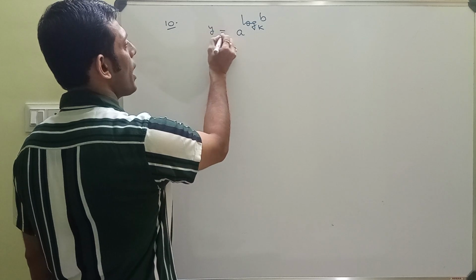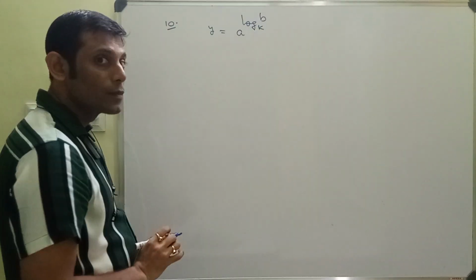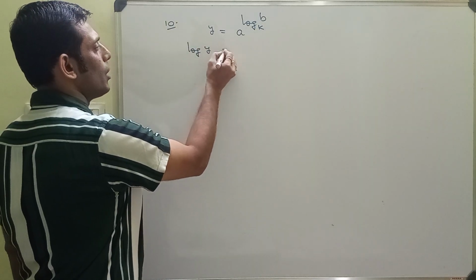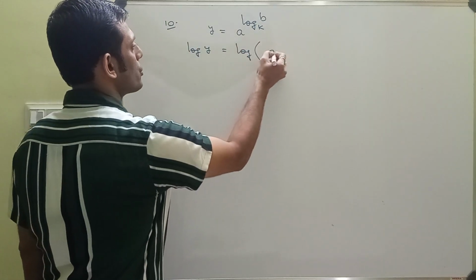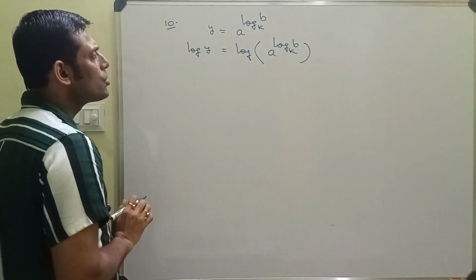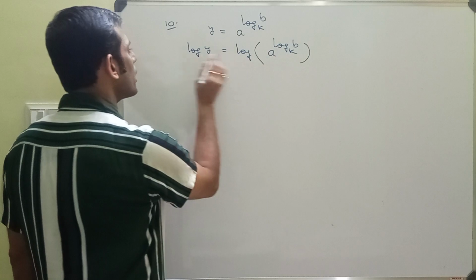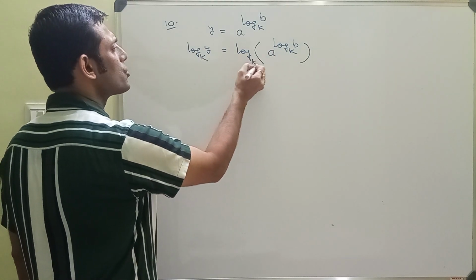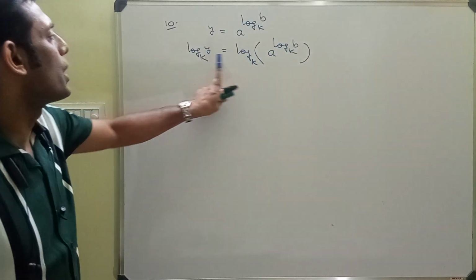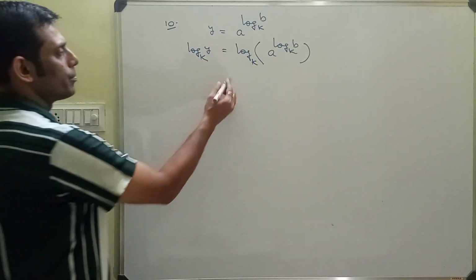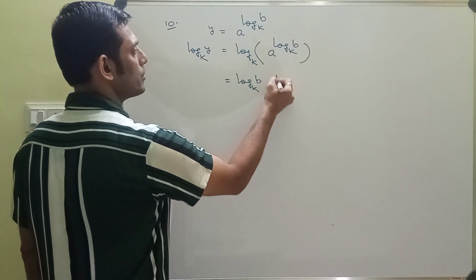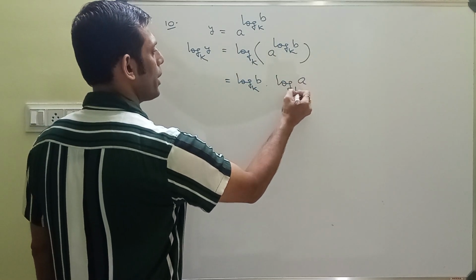Let's say this is equal to y. Now apply log on both sides. Log b base k, this base looks like k. Let's keep it k. Since this is k, we provide a base k. Now we can apply the power rule here: log b base k and log a base k.